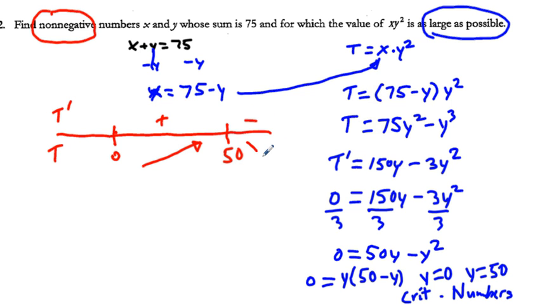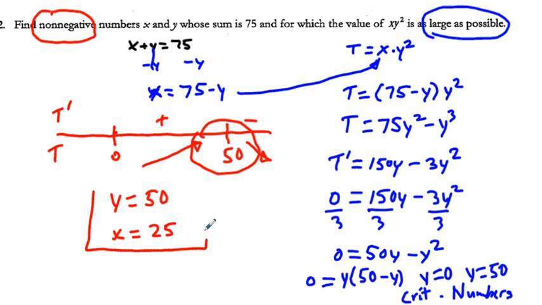So that's our maximum. So y equals 50, and that would leave x equaling, since their sum is 75, x equals 25. And those are our two non-negative numbers whose sum is 75, and for which the value of x times y squared is as large as possible.